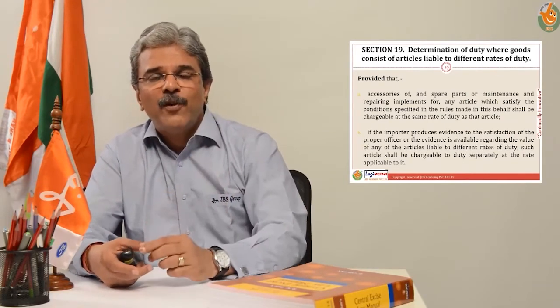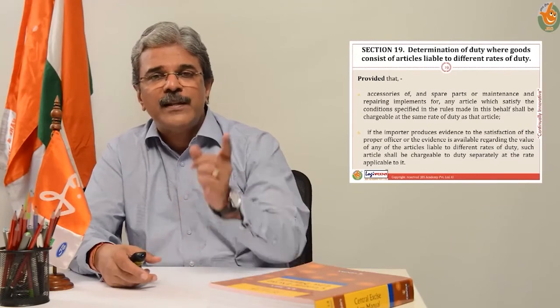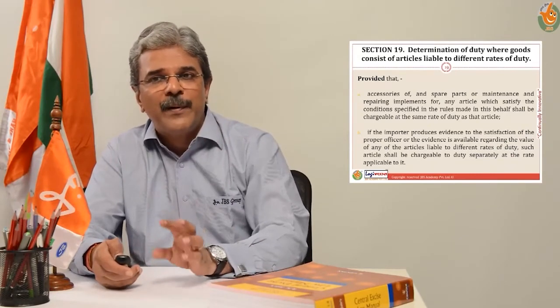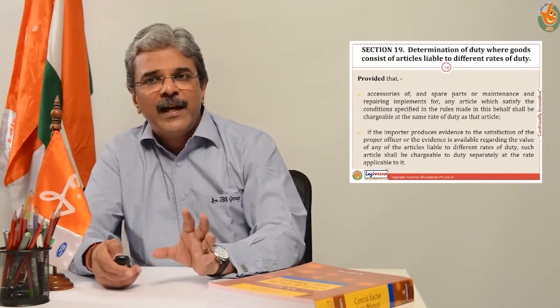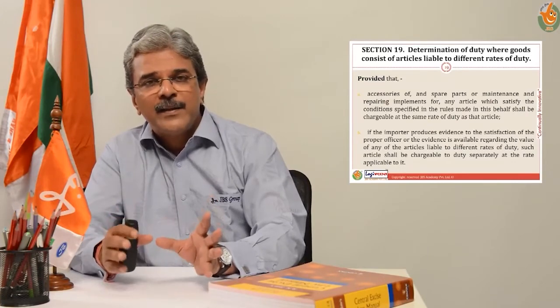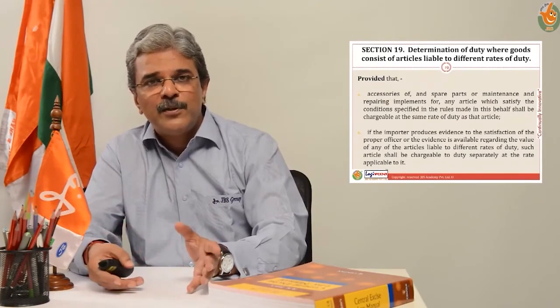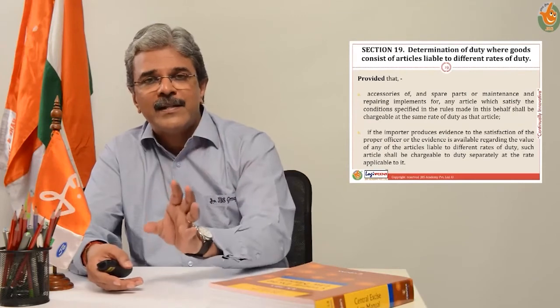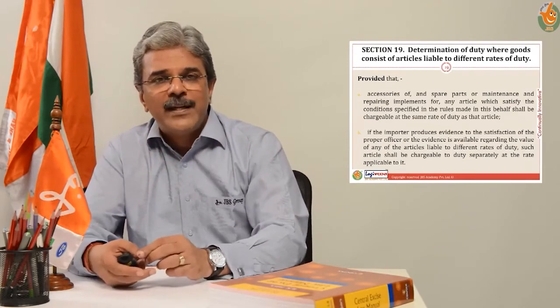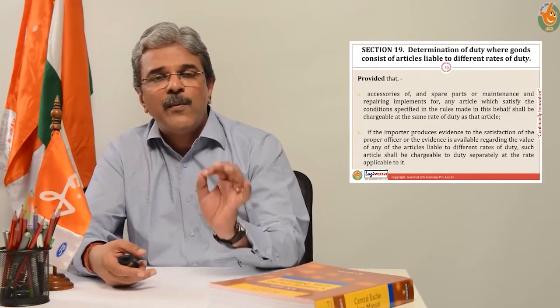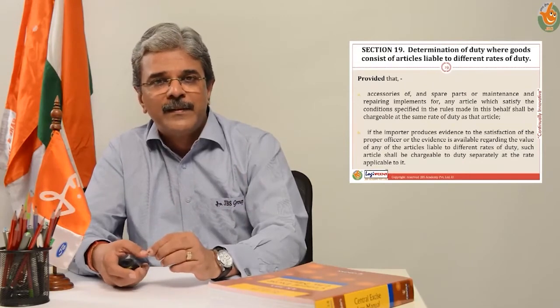If those items fall under different rates of duty, then the highest rate of duty would apply. And wherever there are items in the set which are not chargeable to duty, then also the entire set would be charged to the highest rate of duty applicable to any one of the items in the set.